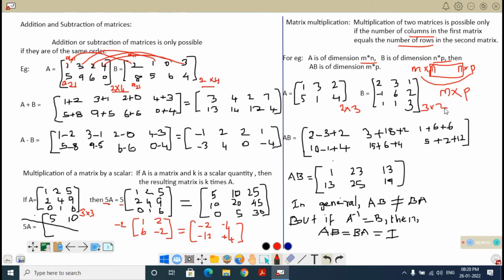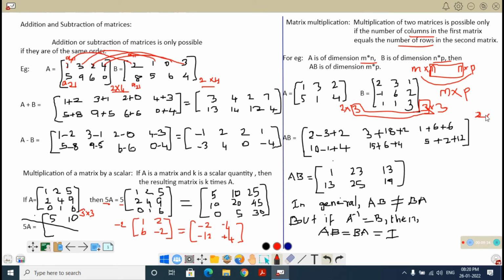So if you multiply these two, the number of columns, 3, and the number of rows, 3, should coincide. So it will merge and you will get the final answer 2 by 3. So the product AB will be 2 by 3.